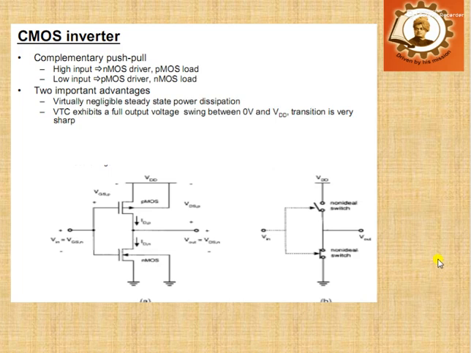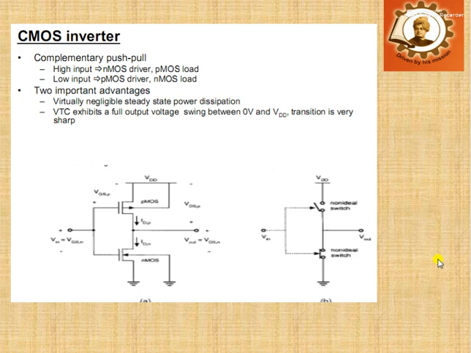the evolution of MOS is our CMOS. Here the CMOS inverter basically works in a complementary fashion. Complementary fashion consists of one enhancement type MOSFET, NMOS, and another enhancement type PMOS transistor operating in a complementary mode.